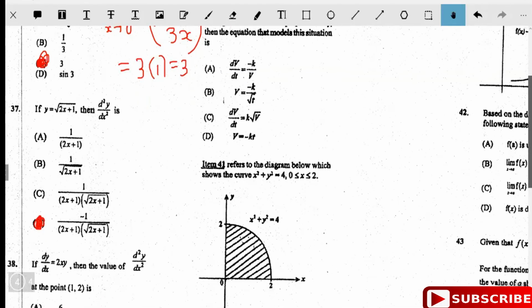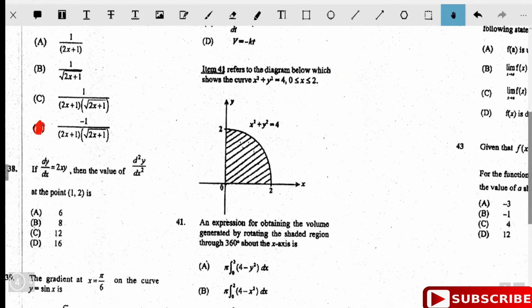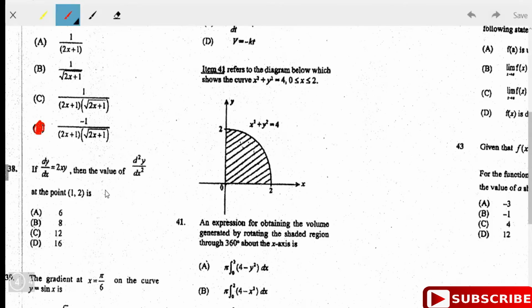Question 38 now. You have dy by dx is 2xy, then find d2y by dx squared. This is also a Unit 2 question repeat. The reason why it's a Unit 2 question is that in Unit 1 you do not know how to do implicit differentiation, but there's a little bit of implicit differentiation right here. To find the second derivative, d2y by dx squared, you use the product rule.